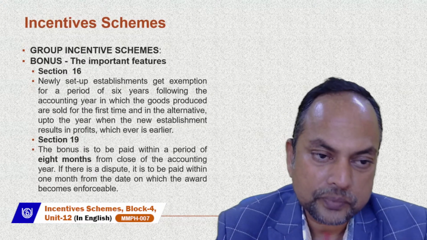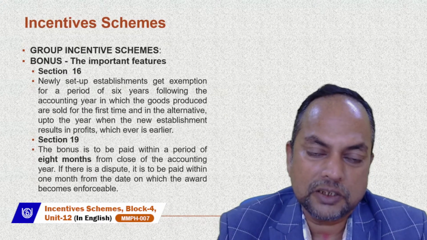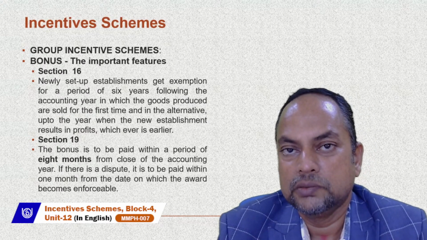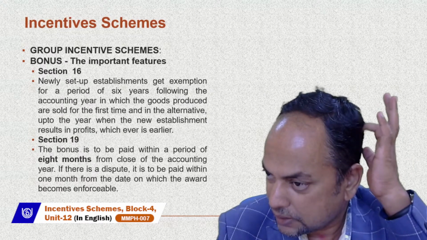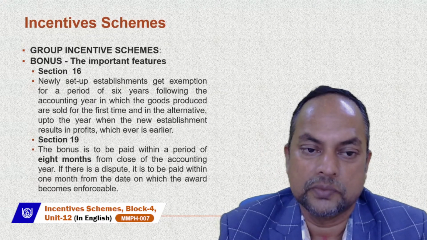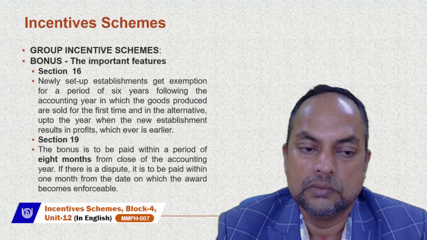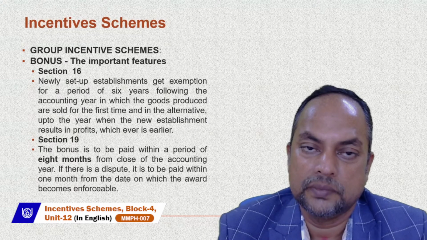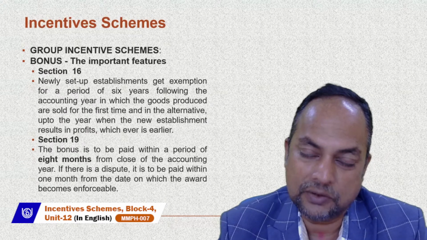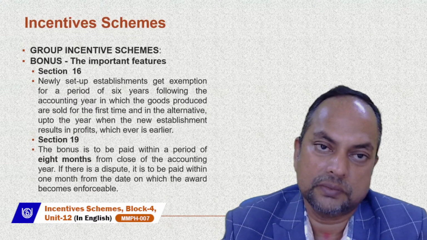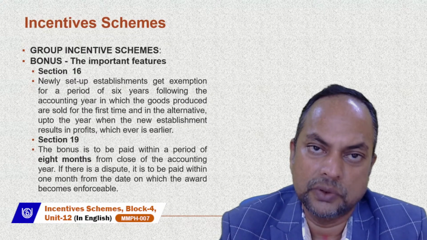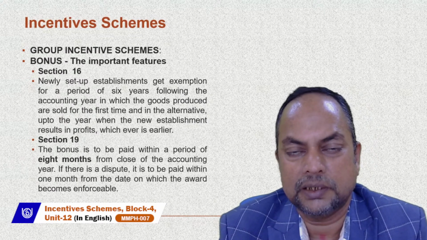Till the first batch of the goods or services produced by the organization is sold in the market, or from the date of inception up to 6 years maximum, whichever is lesser shall be taken into consideration.